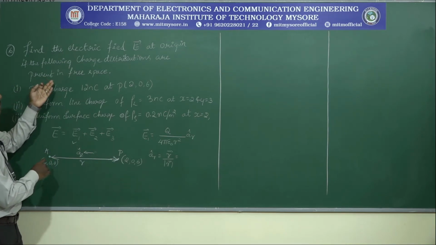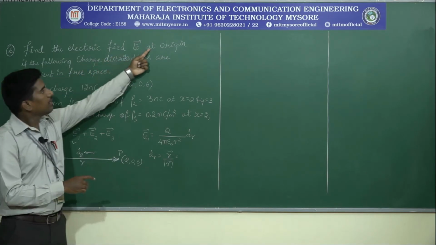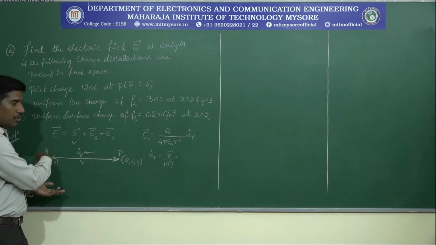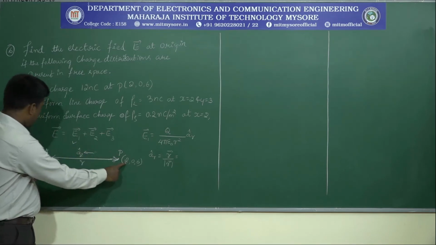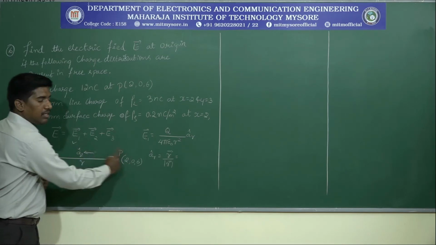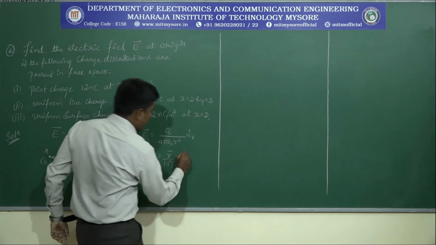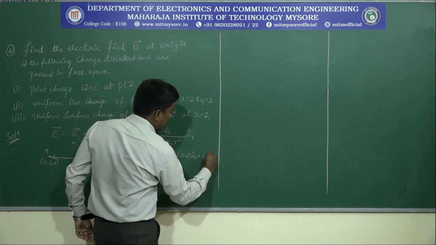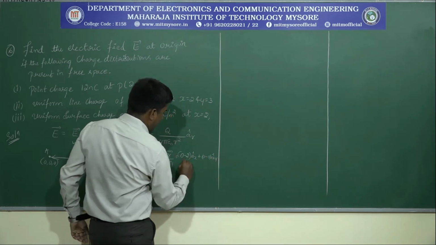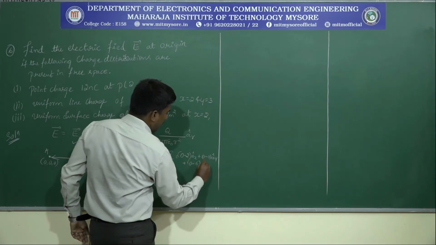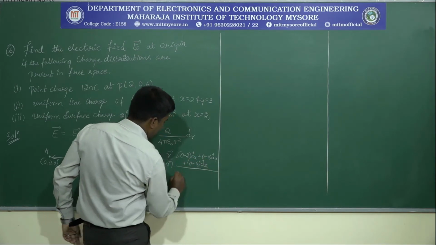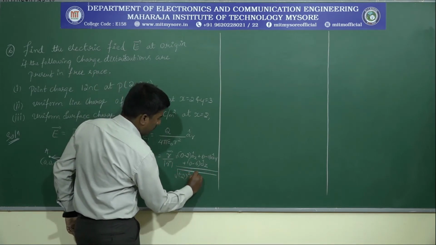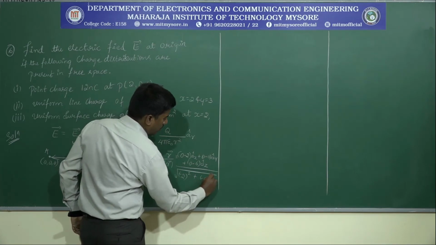Look at the problem statement. We need to calculate E at the origin. Therefore, the vector acting towards the origin, the direction is reversed. Hence, 0 minus 2, 0 minus 0, 0 minus 6. That is, 0 minus 2 into a cap x, plus 0 minus 0 into a cap y, plus 0 minus 6 into a cap z, whole divided by the magnitude, that is square root of minus 2 whole square plus minus 6 whole square.